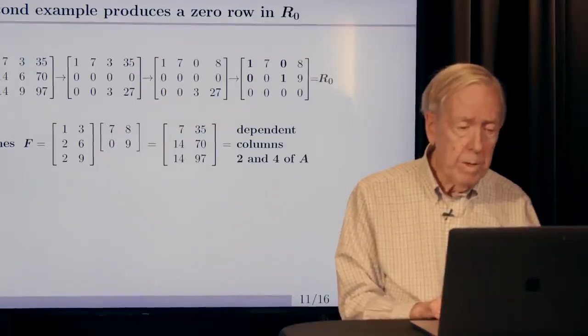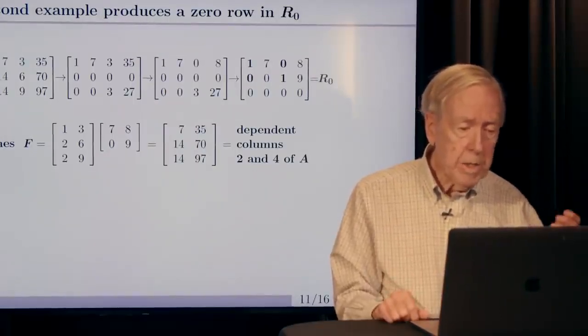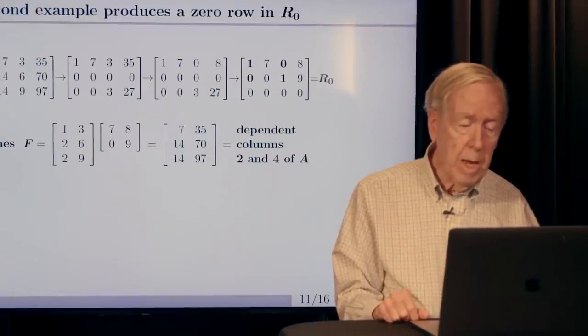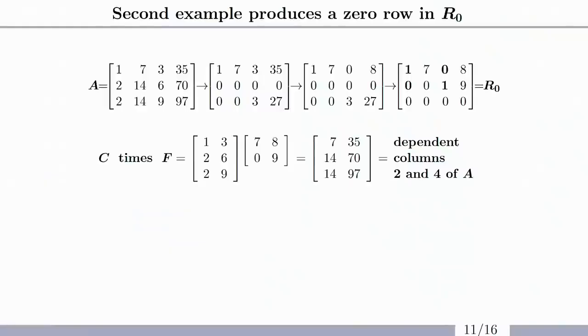So just to repeat, this is a matrix A that leads through the steps of elimination, which we're remembering, to R0. So we're really finished with this matrix A, because this shows how to get it to R0. And then we've already seen with R0, we figured out which were the special solutions, the vectors in the null space.